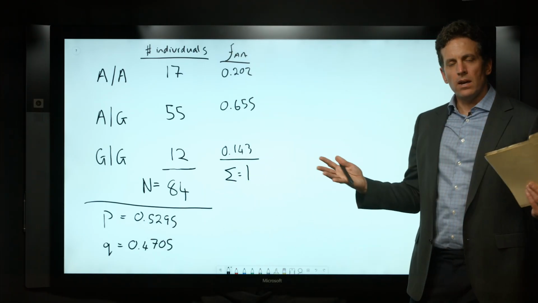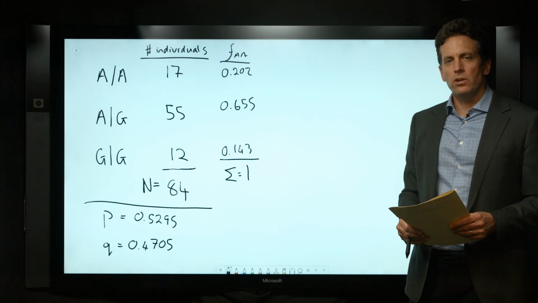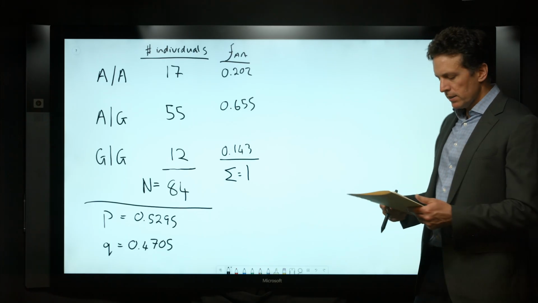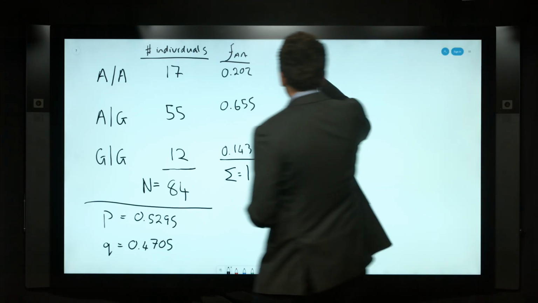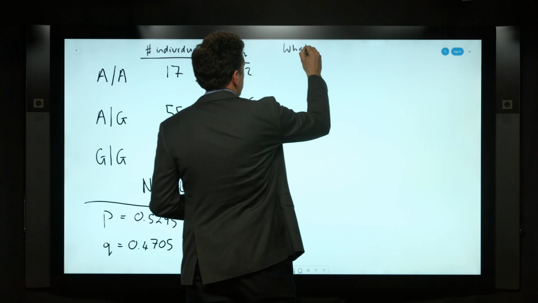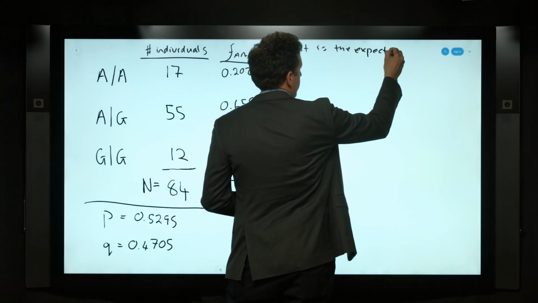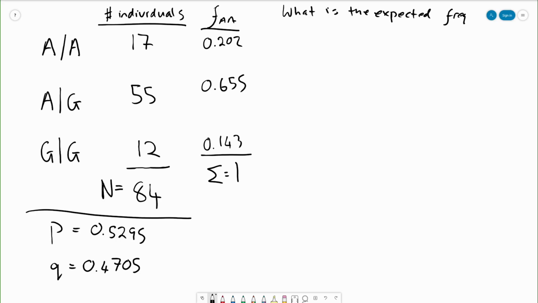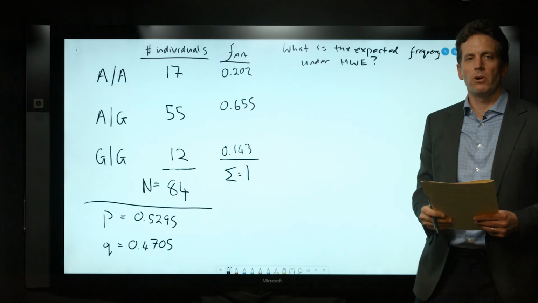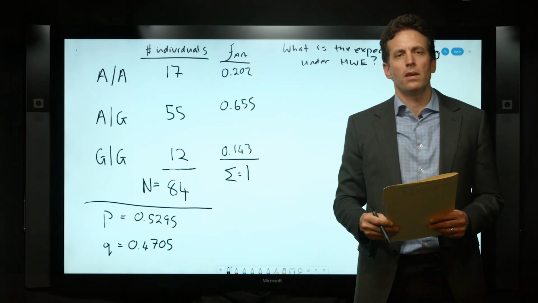And so those are the frequencies that we observe in the population, but we can ask the question, what is the expected frequency under Hardy-Weinberg equilibrium?